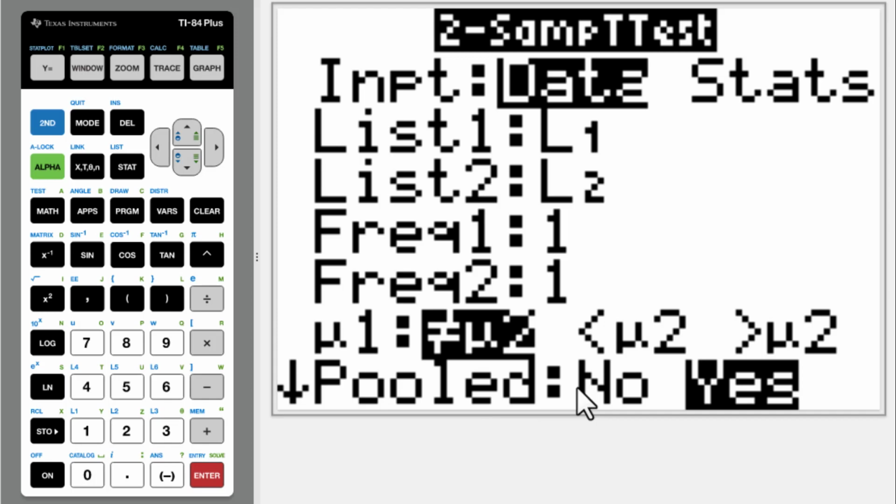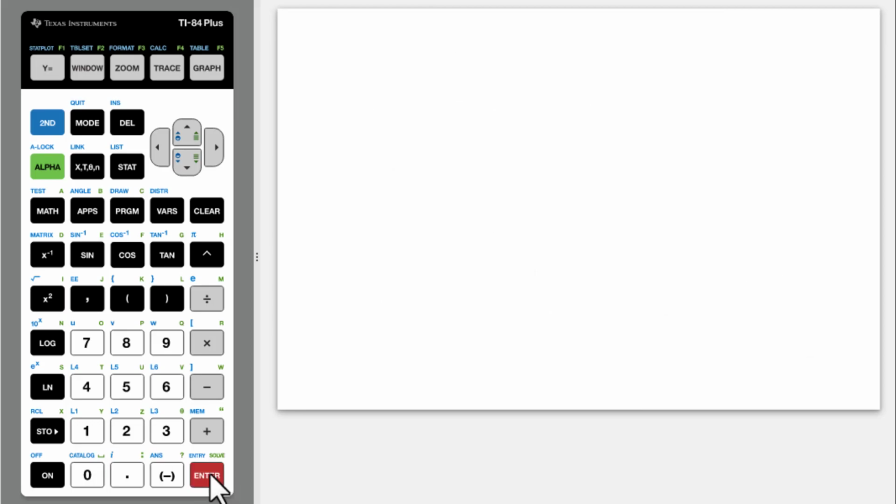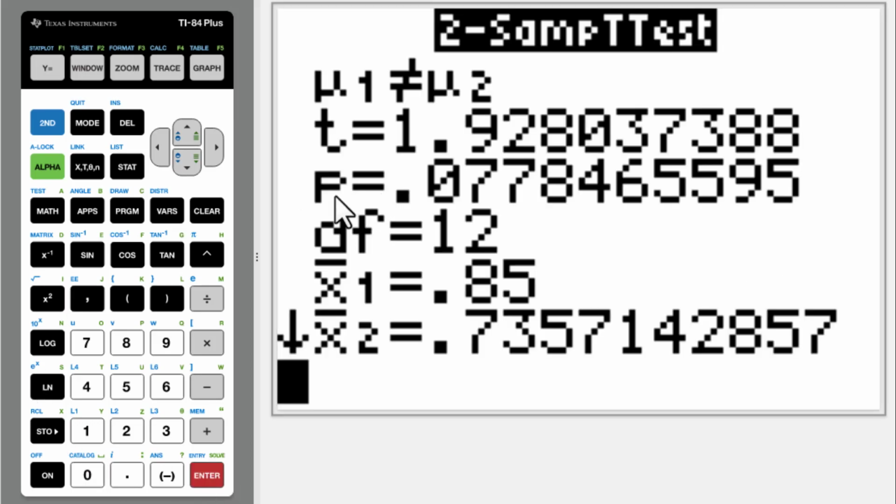Remember, the default for pooled is no, but for AI SL level, we always assume two population standard deviations are equal. Then enter. You will get p-value.